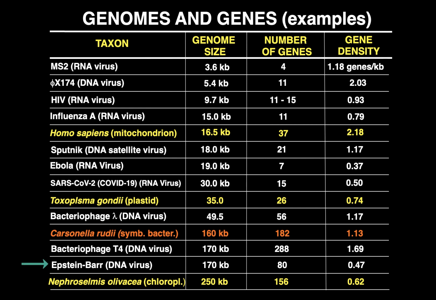And then working up to Epstein-Barr, a DNA virus, those are much, much larger for the DNA viruses. And that's one reason that I've already talked about: RNA is limited as far as how large a genome can become because of the higher mutation rate, whereas DNA organisms can have much larger genomes because of the lower mutation rates and the repair mechanisms.